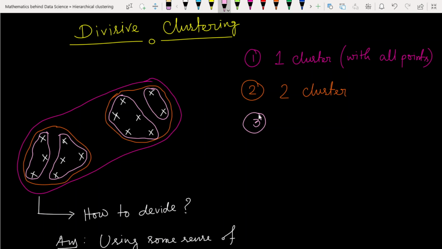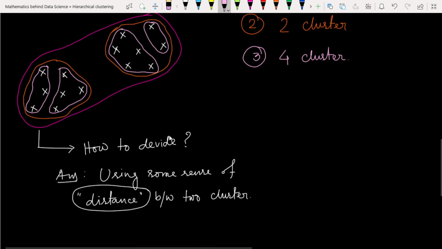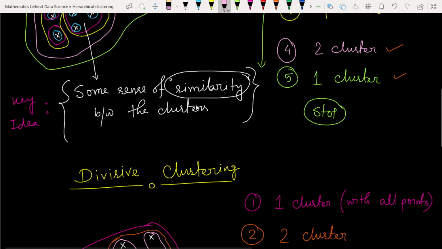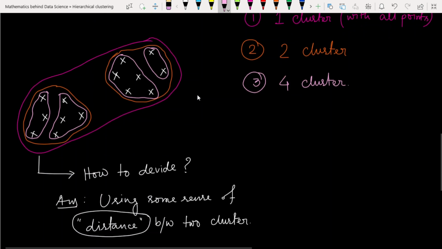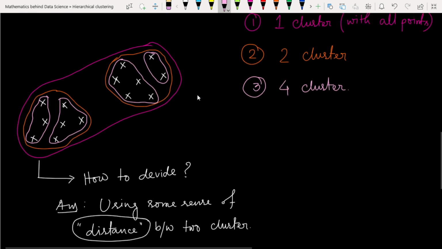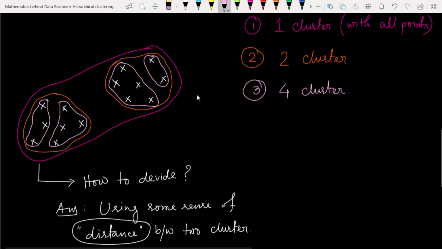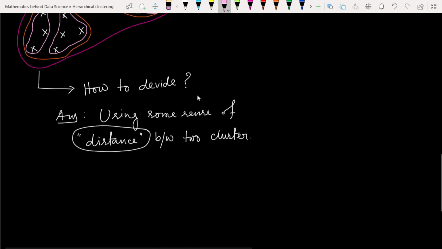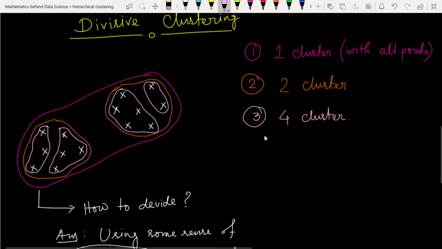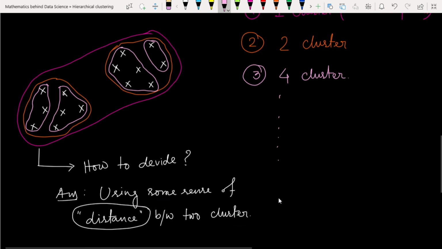That means 4 clusters in this step. We will see how we use this concept and the mathematics behind it in the next video. But in this video, try to understand the geometrical intuition behind this hierarchical clustering technique.